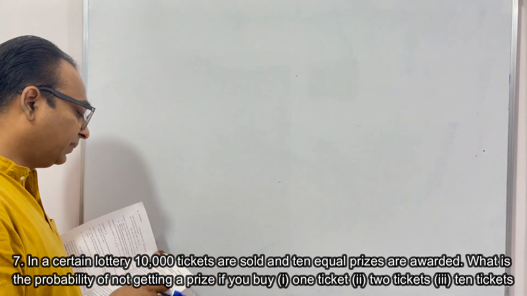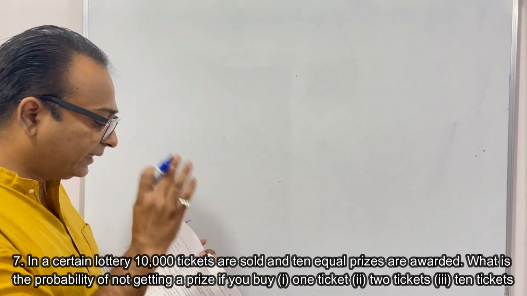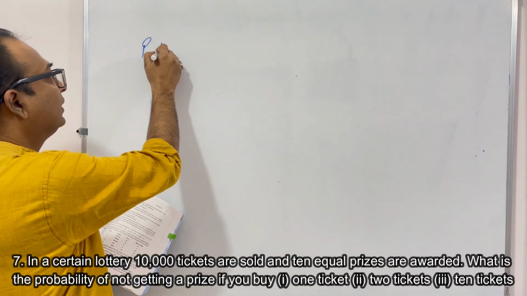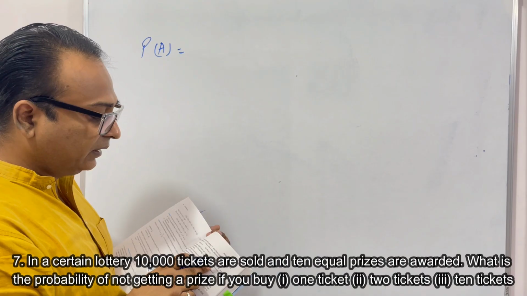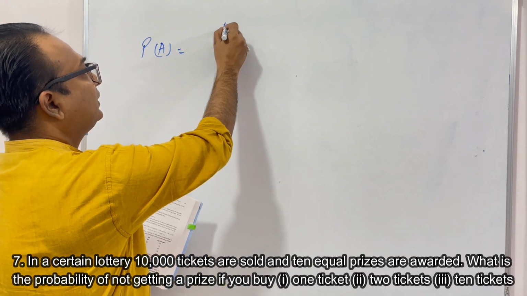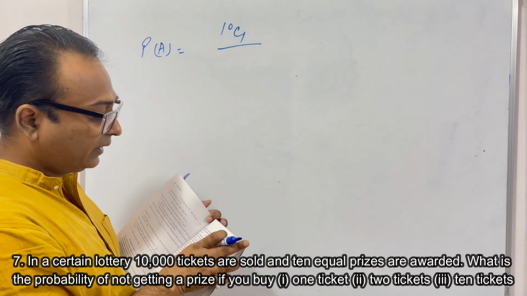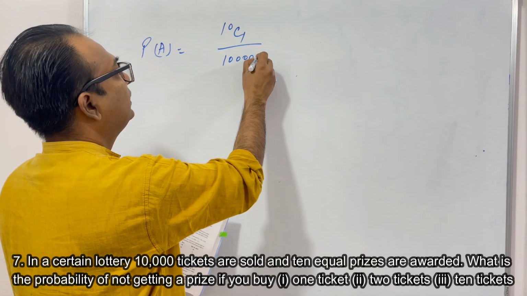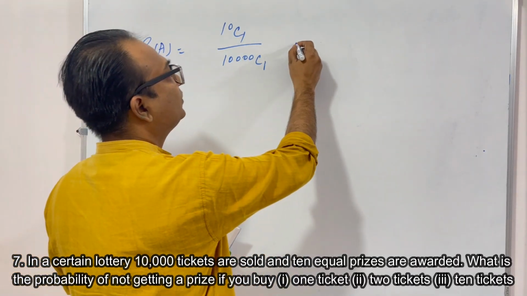If I buy one ticket, let's first find the probability of getting a prize. Out of 10 prizes you have one ticket, so 10C1 by, out of 10,000 you have taken one ticket, 10,000C1. This is the probability. Let's see its value.